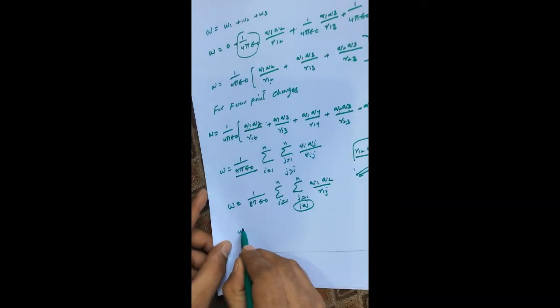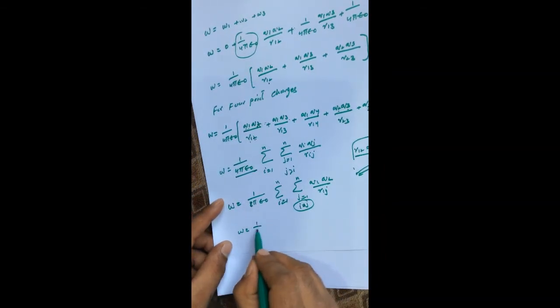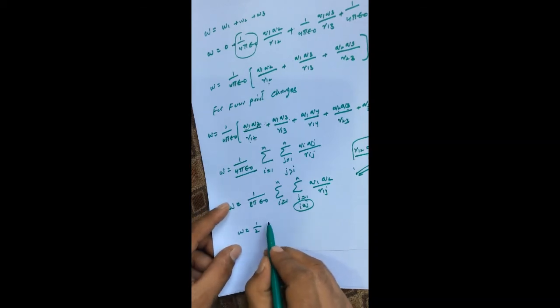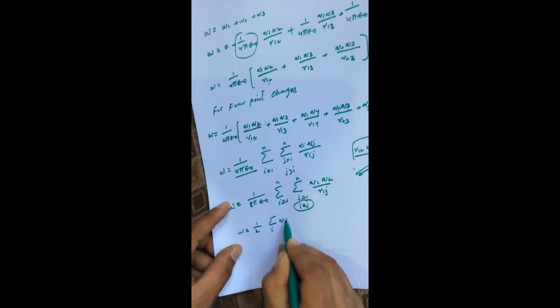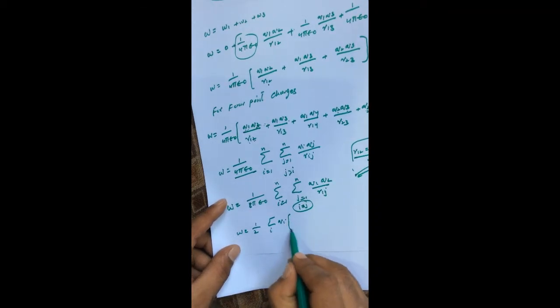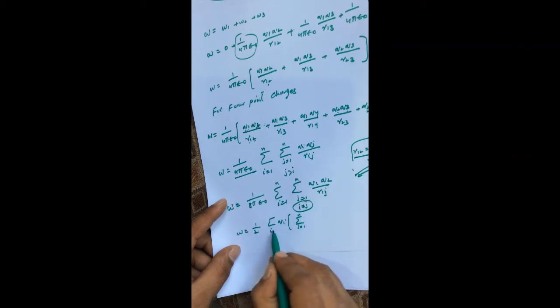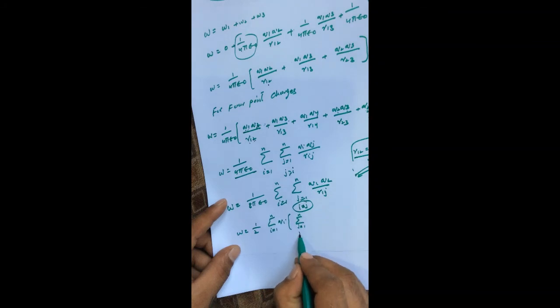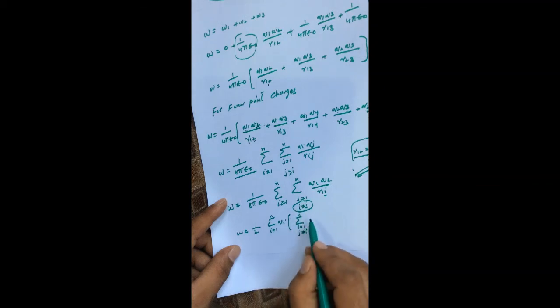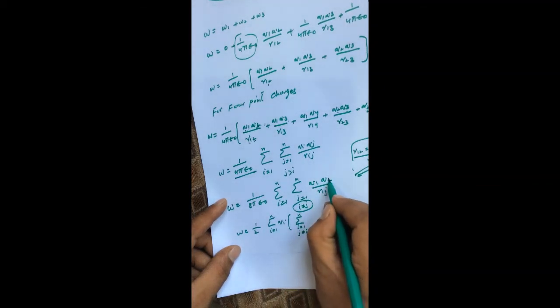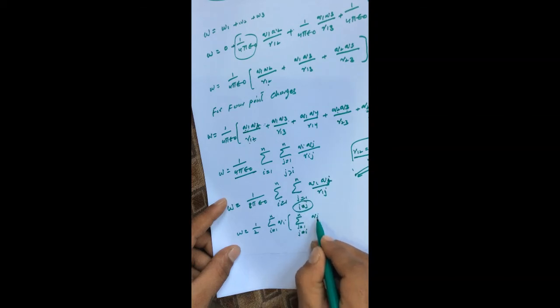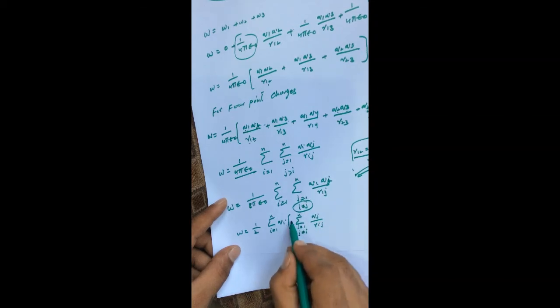So I can write it like this: W is equal to 1 over 2 into sum over i Qi into sum over j started from 1 up to n, i also started from 1 up to n, and j is not equal to i, because this condition exists there, and we have Qj over Rij, and 1 over 4 pi epsilon naught is also there.